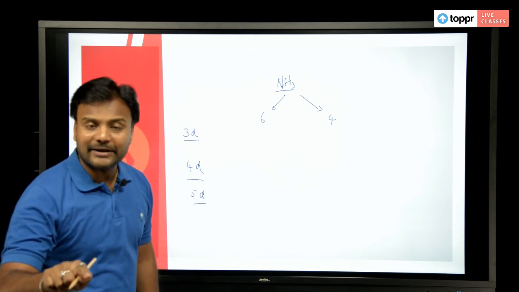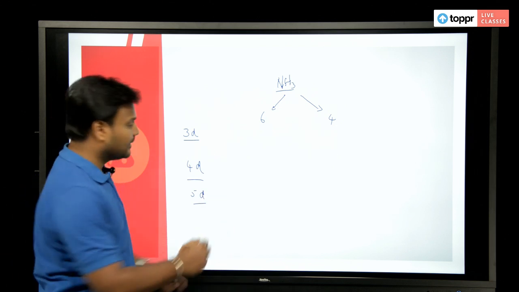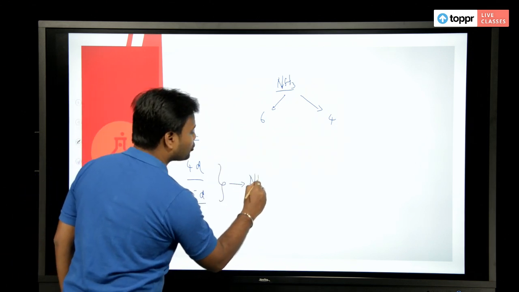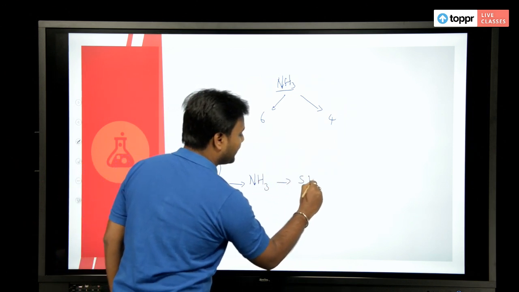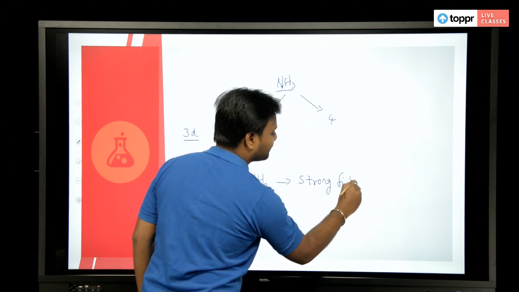If the central metal atom is from either the 4d series or the 5d series, then ammonia is a strong field ligand.